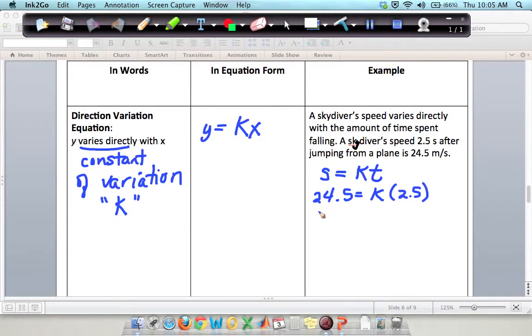At this point, divide both sides by 2.5 and you get K equals 9.8. Once you have this constant, I can rewrite this equation above and plug in the 9.8 for K. So that means for any time, I can now find the speed of the skydiver. So this is my variation equation.